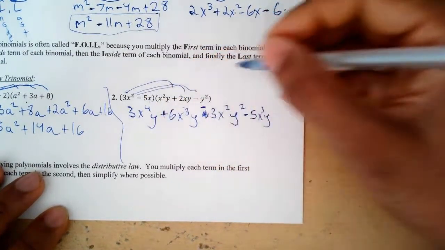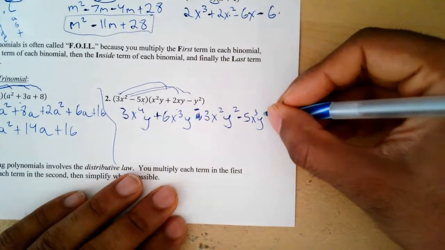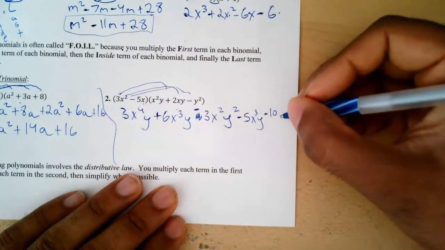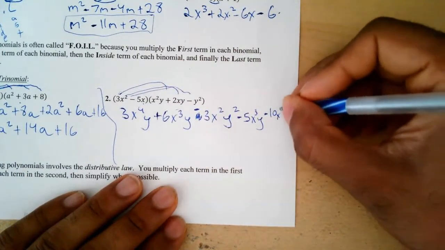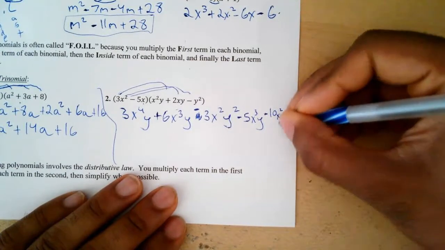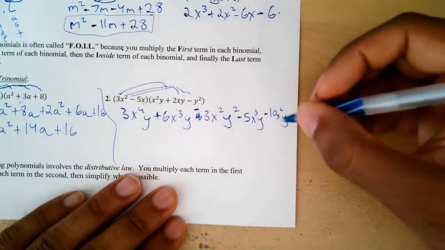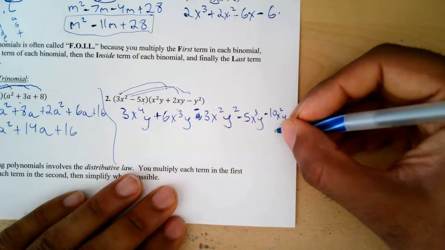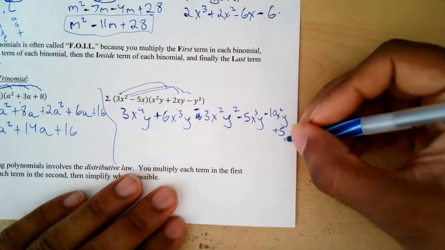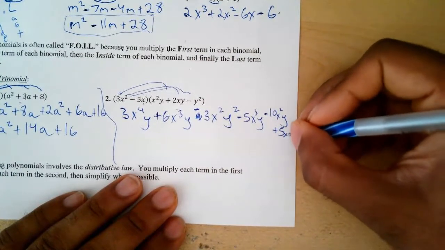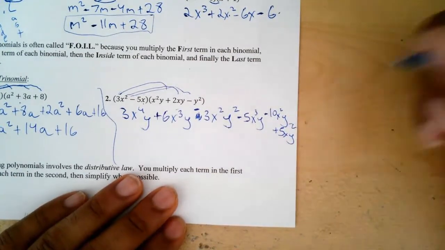And negative 5x times 2xy is negative 10x squared y. And finally, negative 5x times negative y squared will give us positive 5x y squared. So this is kind of squished now.